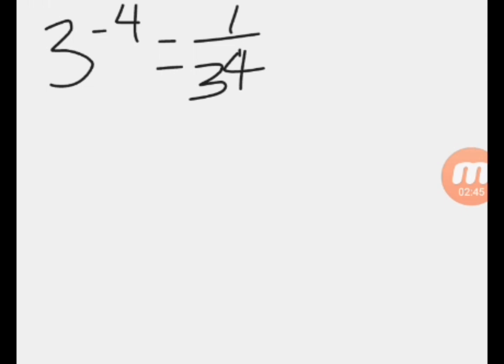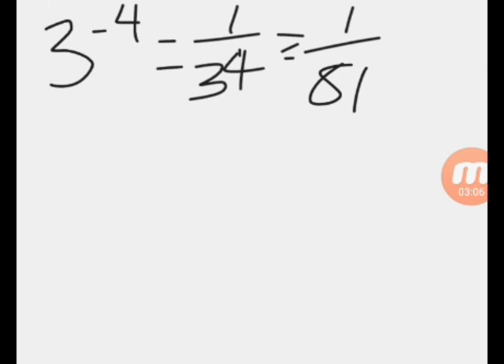So this thing you have here is the same thing as this. And 1 over 3 raised to the power 4 is the same thing as 1 over 81, because 3 raised to the power 4 is 81: 3 times 3, 9, times 3, 27, times 3, 81. Now it means that 3 raised to the power minus 4 is the same thing as 1 over 81.